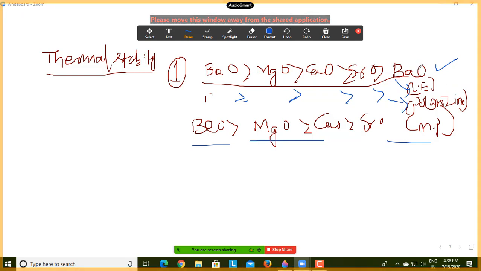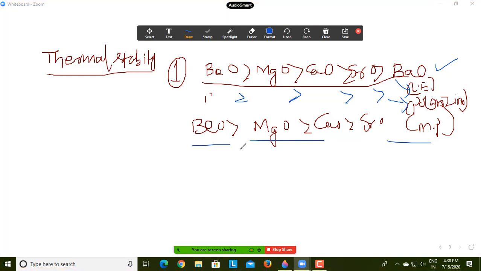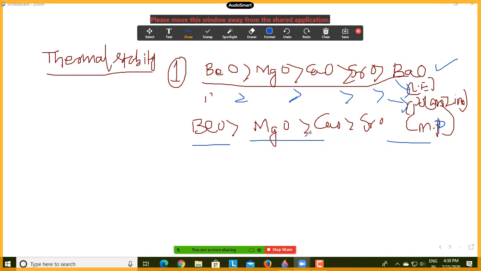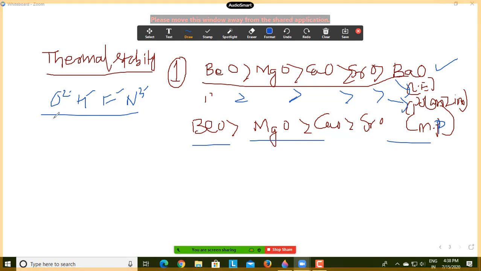If lattice energy is dominating, then what can we say? We can say the order of lattice energy is also the order of melting point. So this is against the polarization. Is that clear? So in oxide, in hydride, in fluoride, in nitride, the order will be according to the order of lattice energy, remember, because they are small anions.